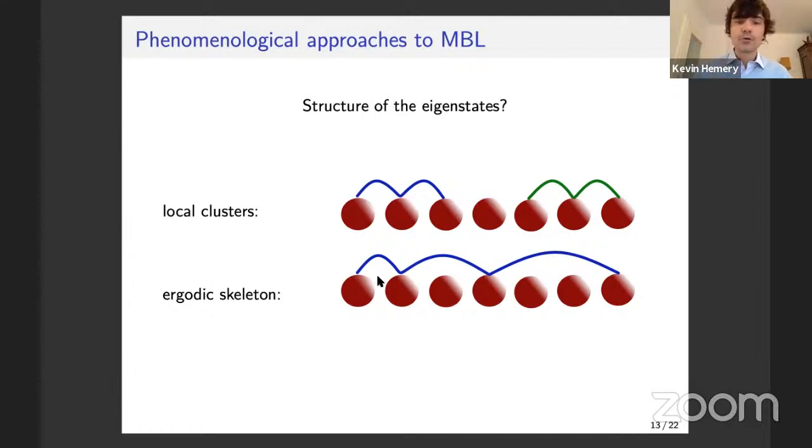You could also imagine having a state which is more like an ergodic skeleton with longer range interactions, and then when you decrease the disorder, the insulating blocks in the middle of the skeleton would merge with the skeleton, right? So this we don't know, and we really need to look at the microscopics to know precisely what is going on.